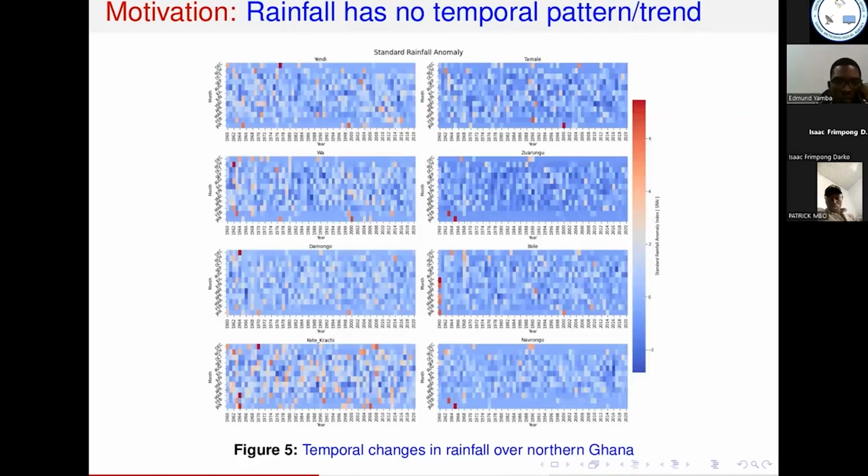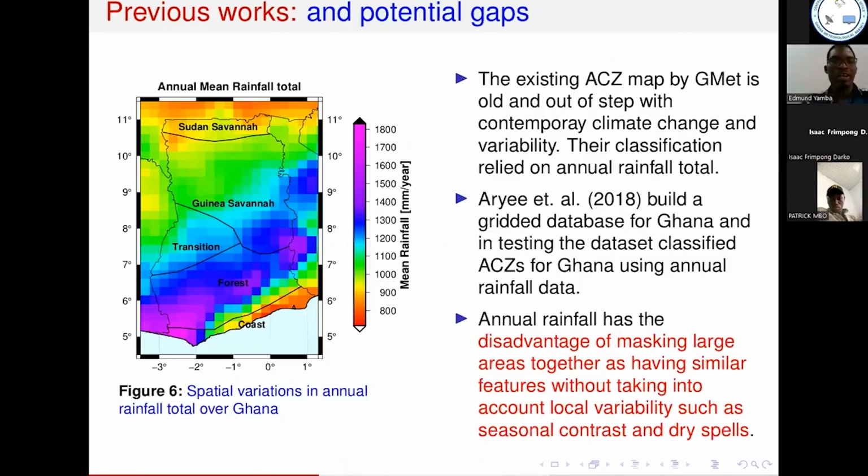And so if climate has changed, then we cannot keep relying on the existing agro-ecological zone map. We will need to reclassify it to conform to current climate change and variability. So here I tried to look into what work has been done in this regard. I start with what the Ghana Meteorological Agency did previously.